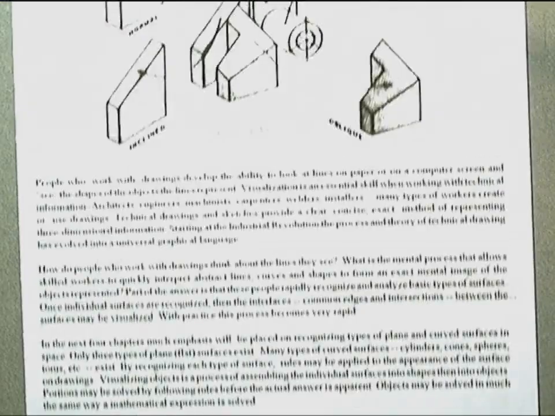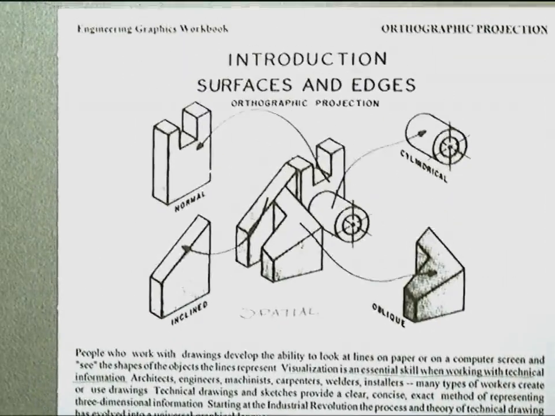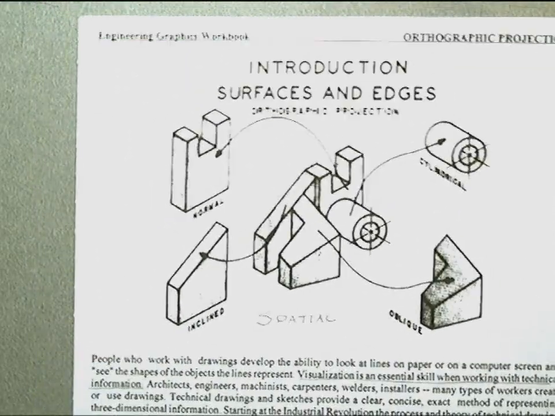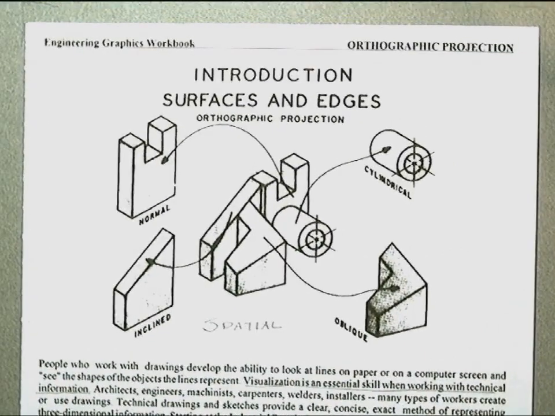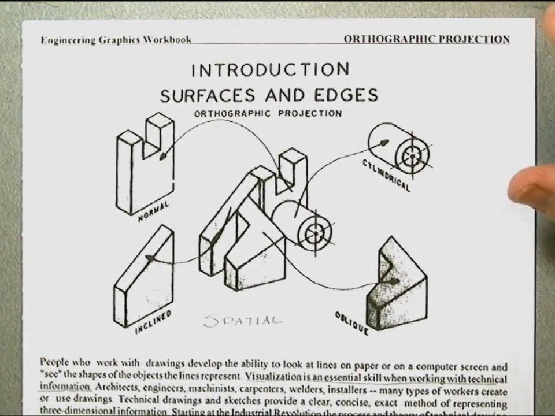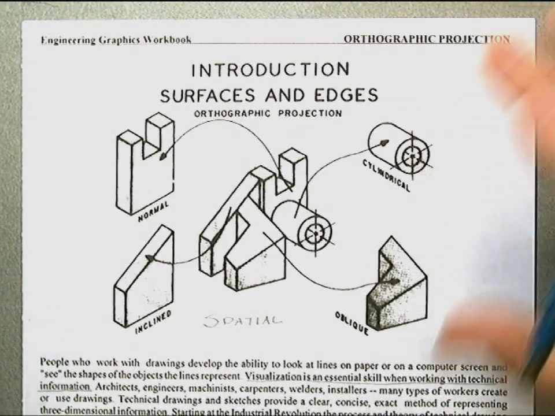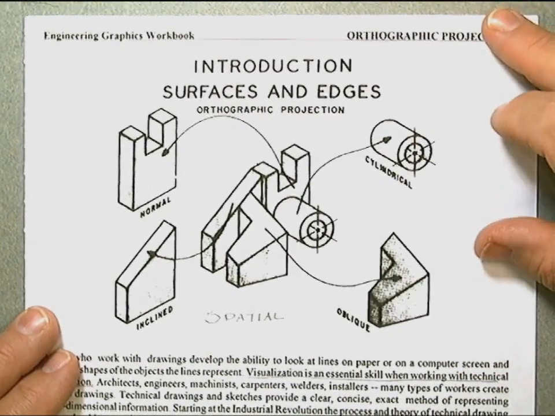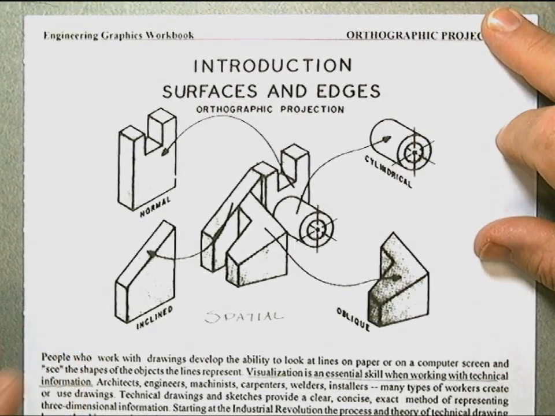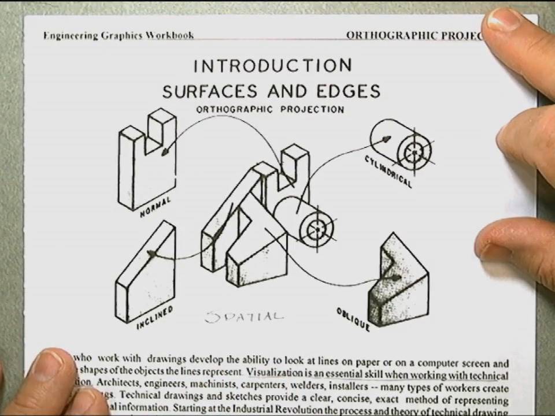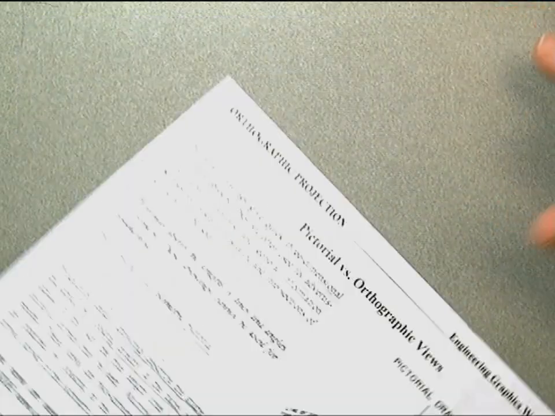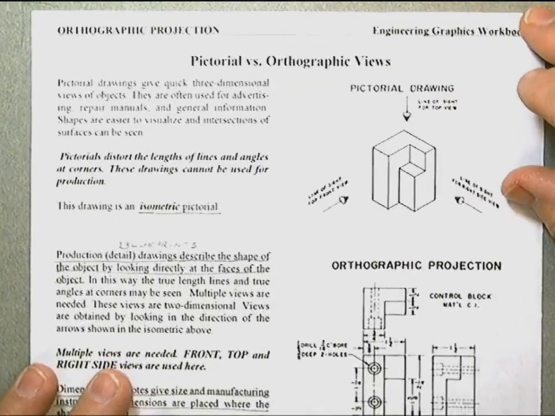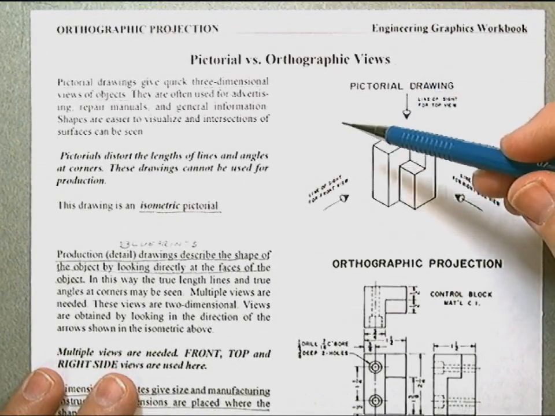So you'll need to allow yourself time and work on some of these, solve them as much as you can, and then put them aside and work on another one to exercise a different part of your brain, of your skill. Okay, that's all for the introduction, and in the next video we're going to begin looking at how we relate pictorials with an orthographic view.